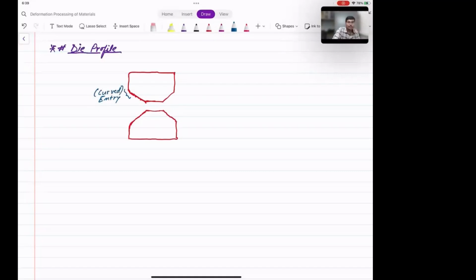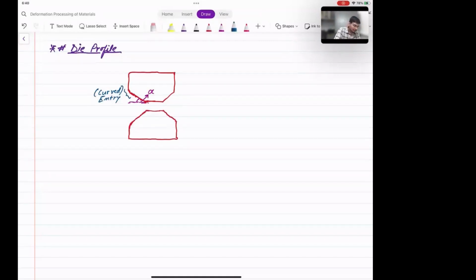Okay. Again, here there will be the bite angle. So say this angle is alpha. This particular angle is alpha. The tapered section here is known as the approach.